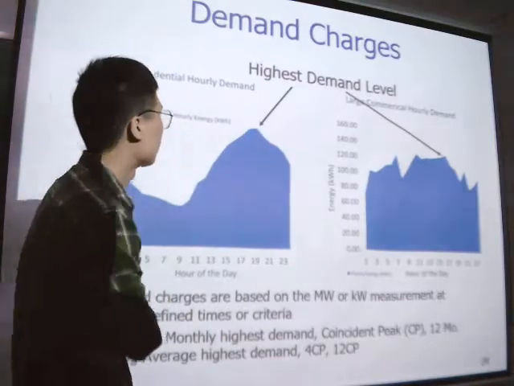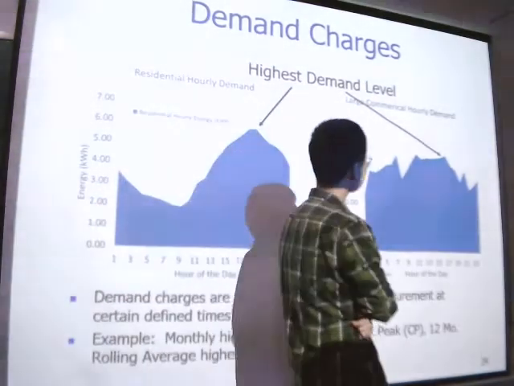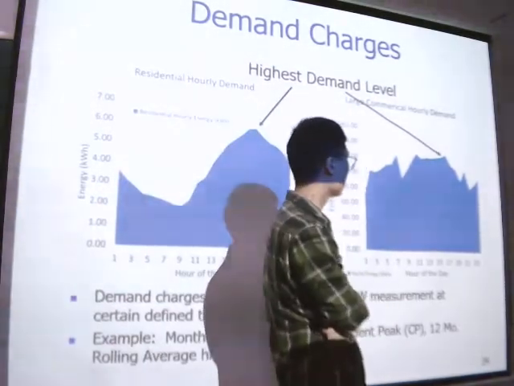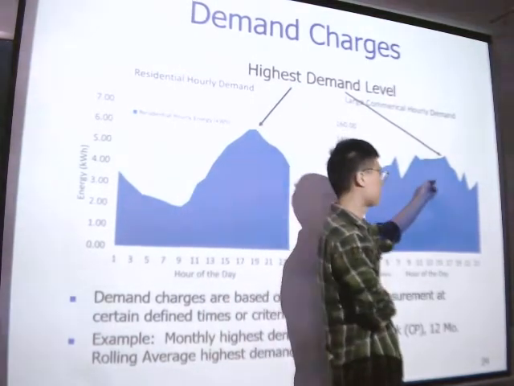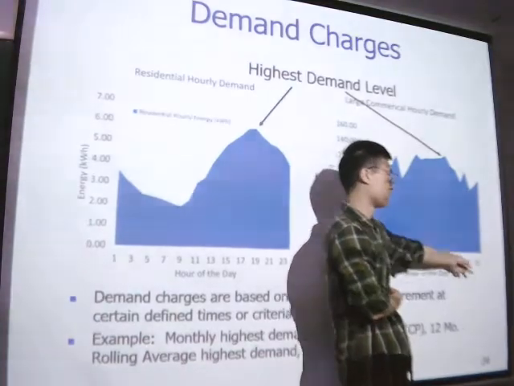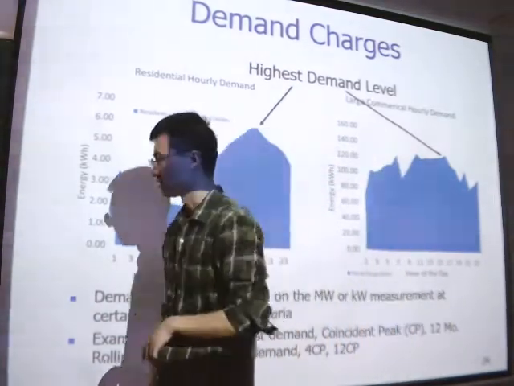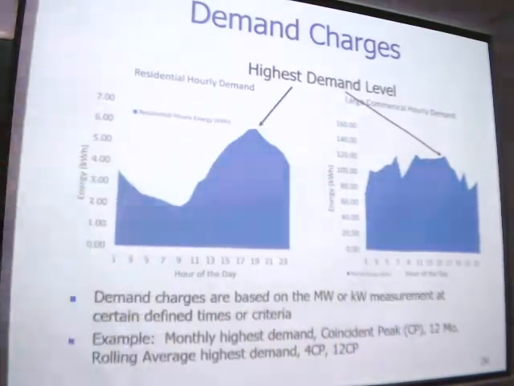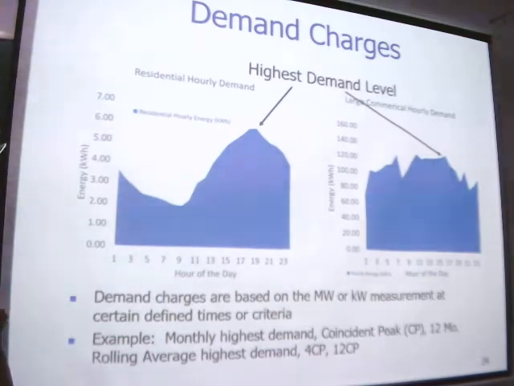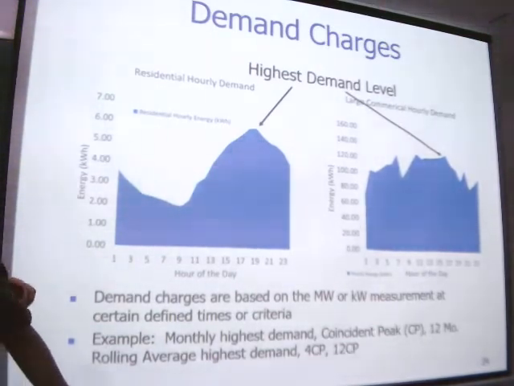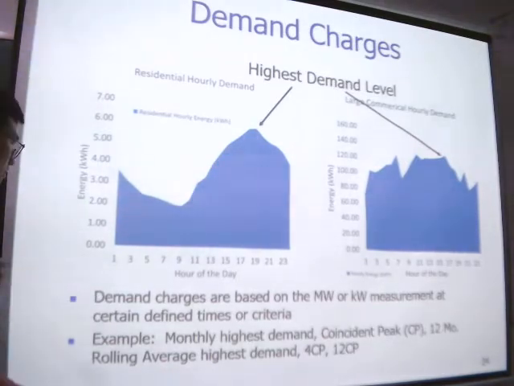For large consumers, like malls or factories, it is almost the same, and even much lower at midnight because they are not running their activities during that time.